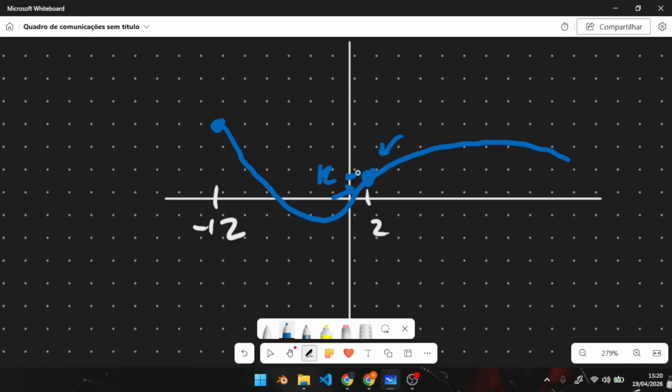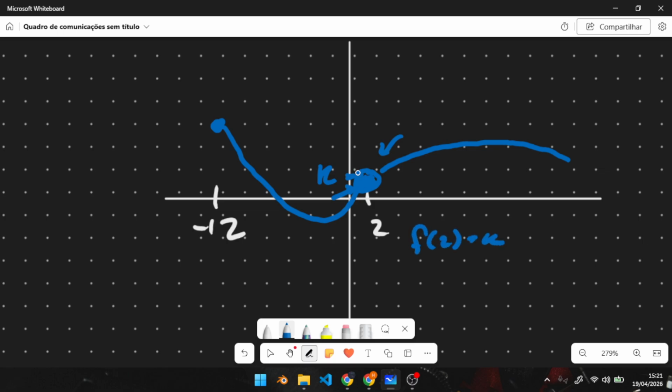Since it is continuous, whatever the limit is, that is it. In fact, the function is undefined here, it would be undefined if we didn't have k. Since we have k, then it is defined by k, because f of 2 is k.